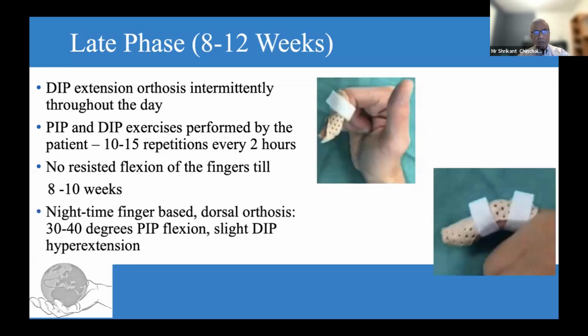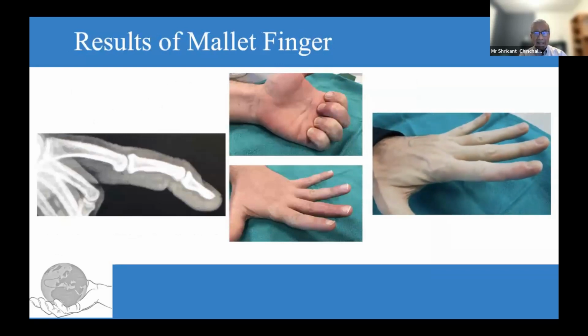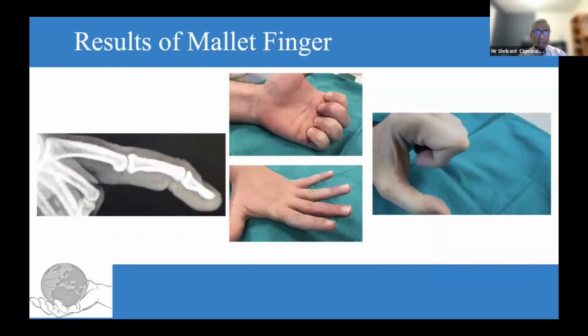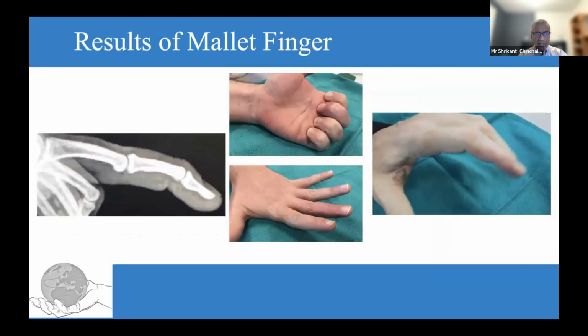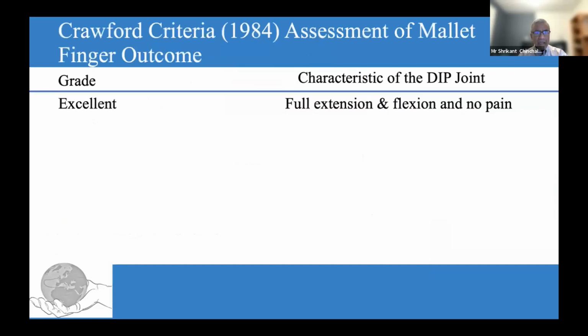We continue to use a nighttime splint, and the posture is again the same, keeping the PIP flexed and the DIP joint hyperextended. The results of this management are excellent, and we are quite happy with it. We are collecting the data right now and then submitting our results for publication.